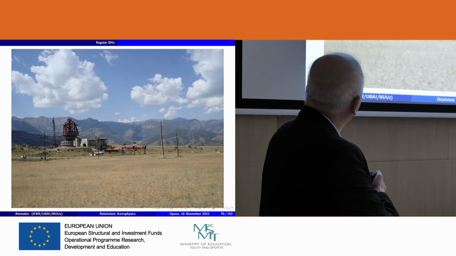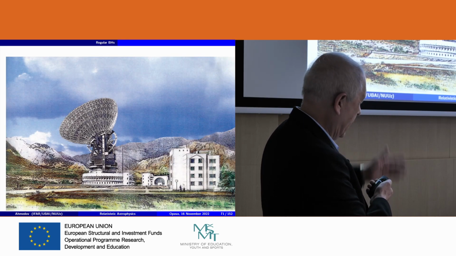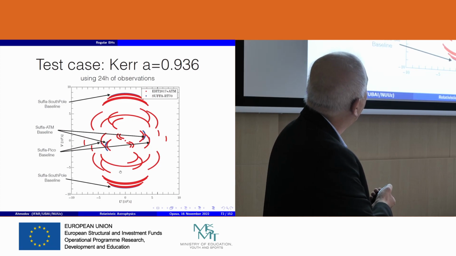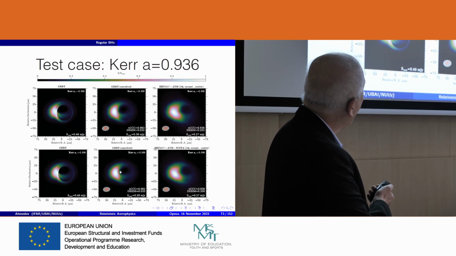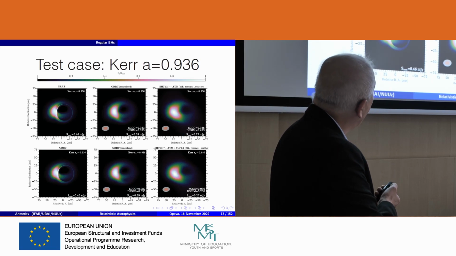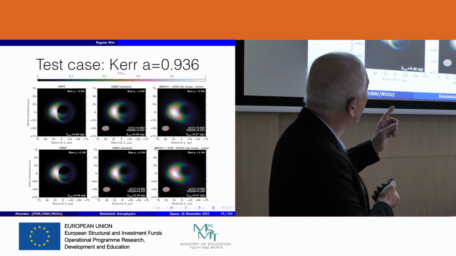Now this is the radio telescope at SUFA, which is under construction. They promised that it will look in this way. So the question was, how will this image change if we involve this SUFA telescope in the Event Horizon Telescope?